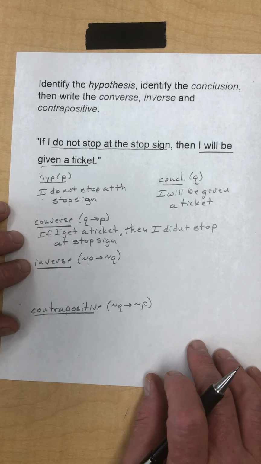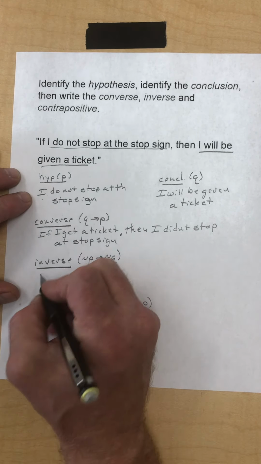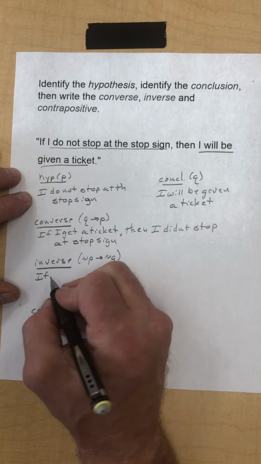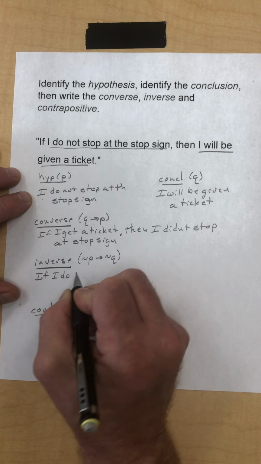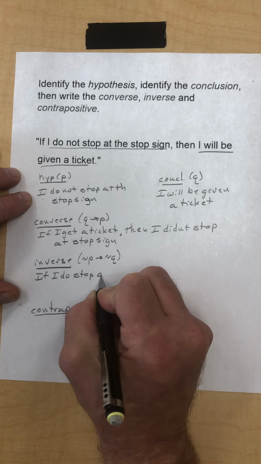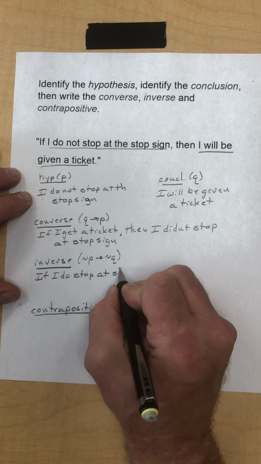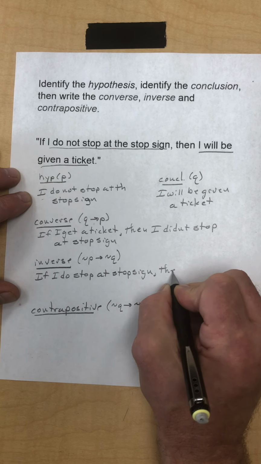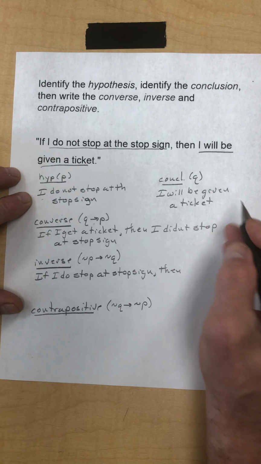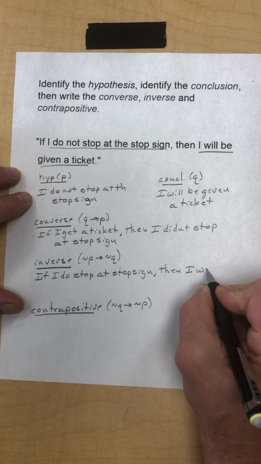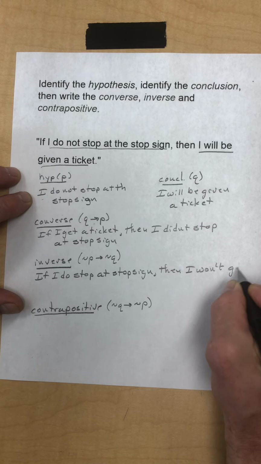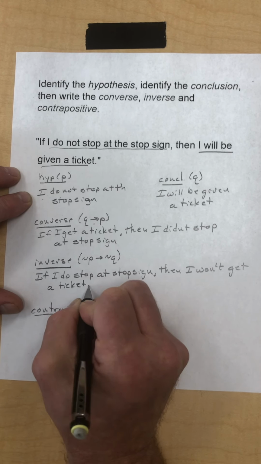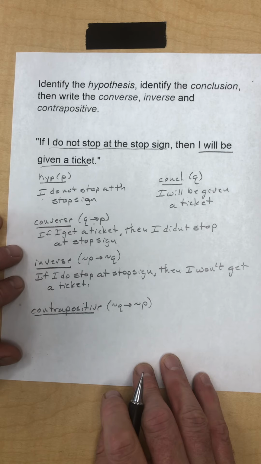Inverse, non-P implies non-Q. So I have to negate this: if I do stop at the stop sign, then non-Q, I won't get a ticket.